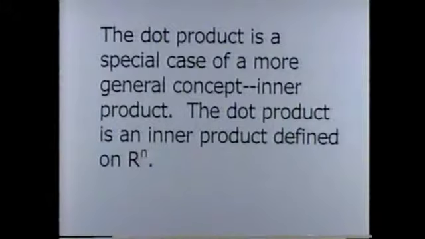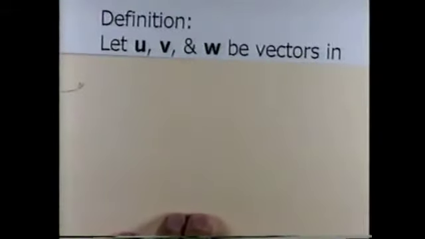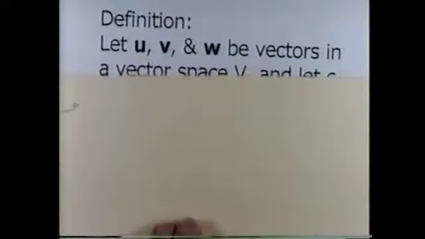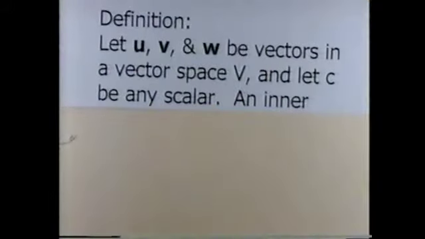Now actually, we define an inner product as being any operation that will satisfy the properties that we talked about before of a dot product. So definition: let U, V, and W be vectors in any vector space V, and C be a scalar.